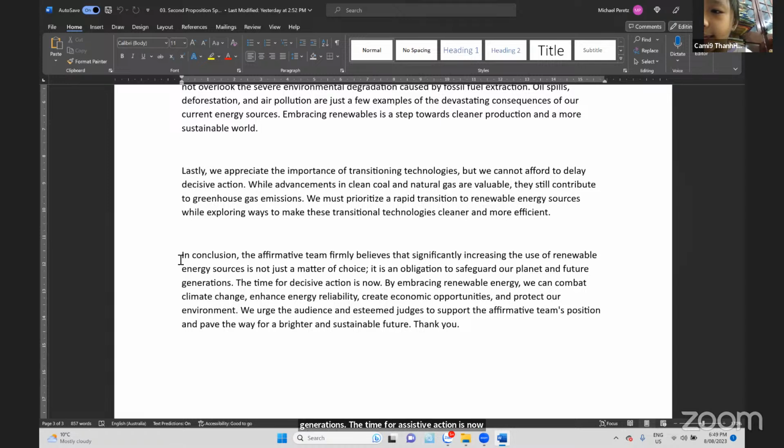By embracing renewable energy, we can combat climate change and enhance energy reliability, create economic opportunities, and protect our environments.